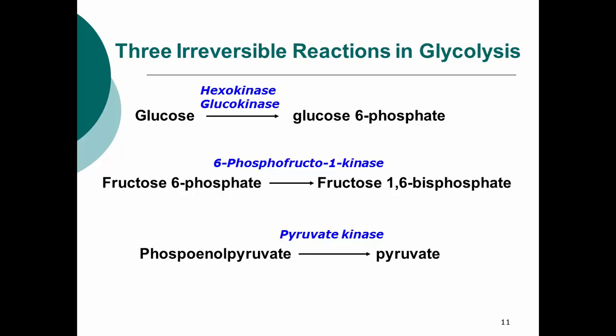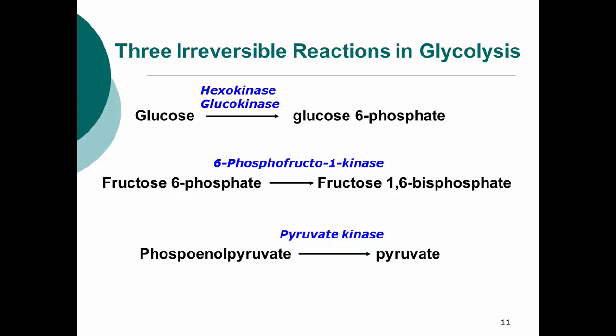Irreversible means that these key enzymes are only able to catalyze the reaction from left to right. They cannot catalyze the reaction backwards, right? For example, glucokinase only catalyzes the conversion of glucose to glucose 6-phosphate. They cannot catalyze the conversion of glucose 6-phosphate back to glucose, right?